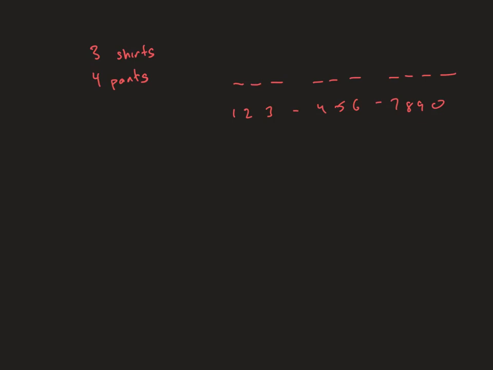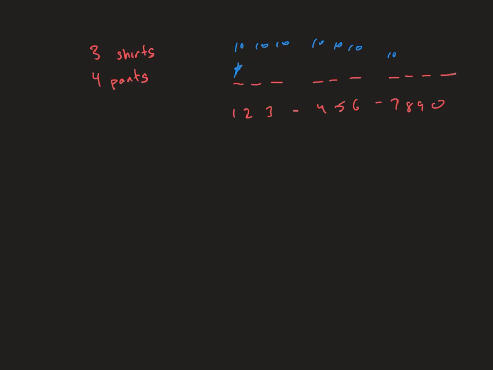Well, we can actually use the same rule we just used where we multiplied 3 times 4, because in each place, like each place value in a phone number, there's 10 choices. You could have any digit from 0 to 9. So each place, you have 10 possibilities. And as we just showed, you multiply.